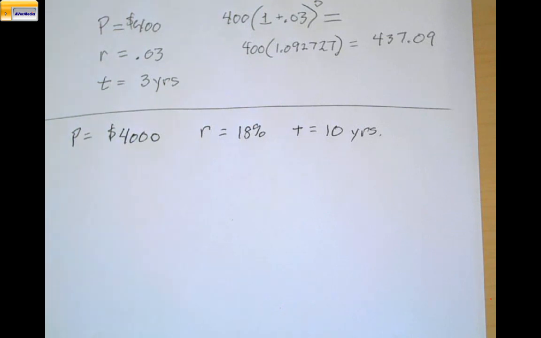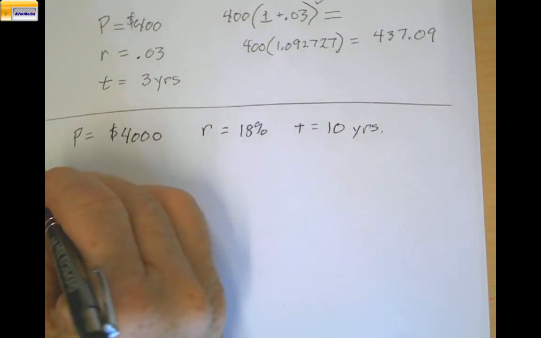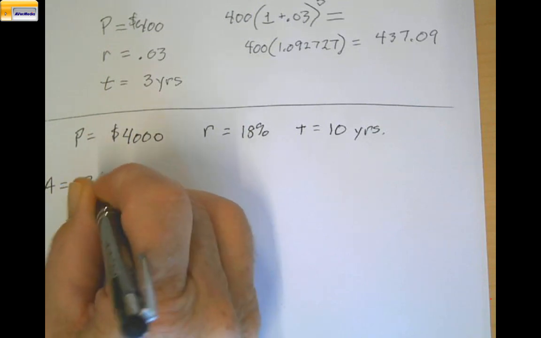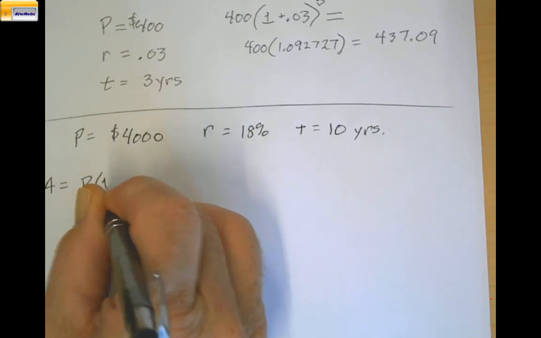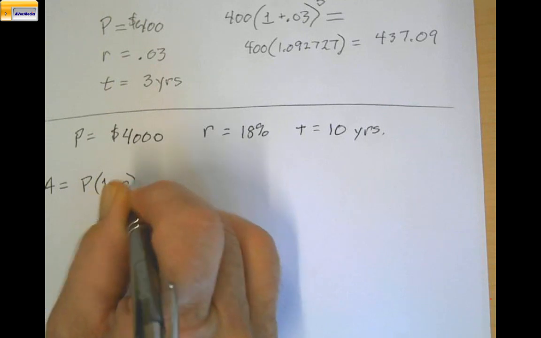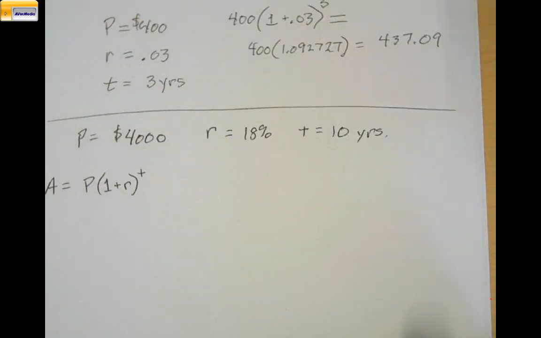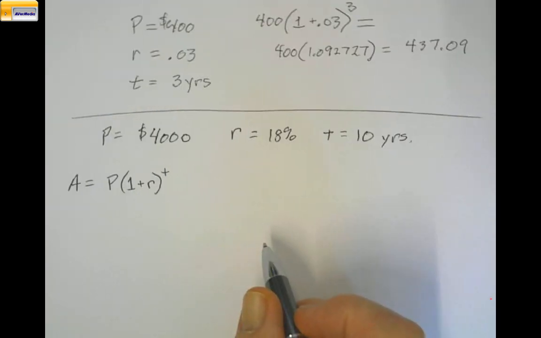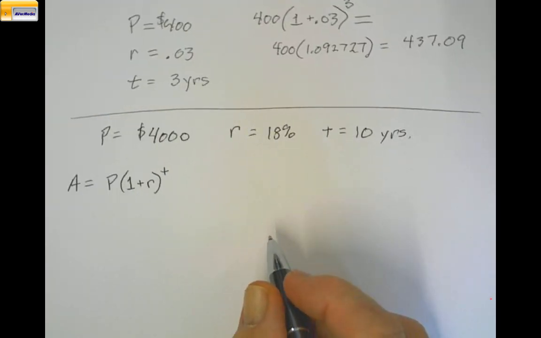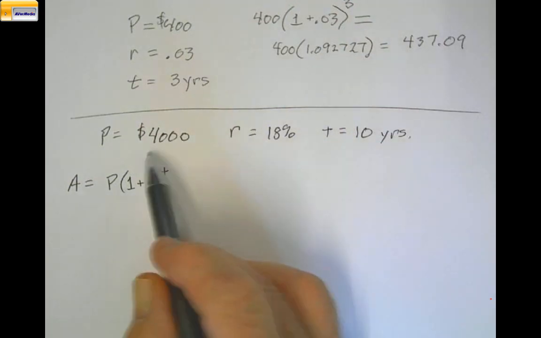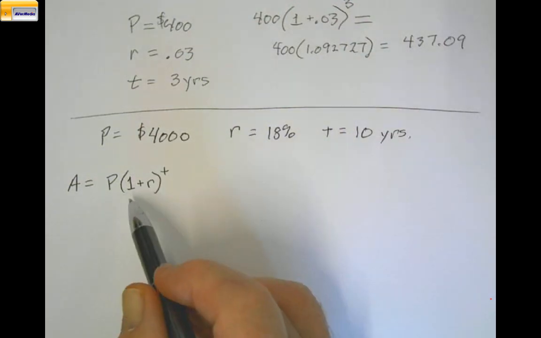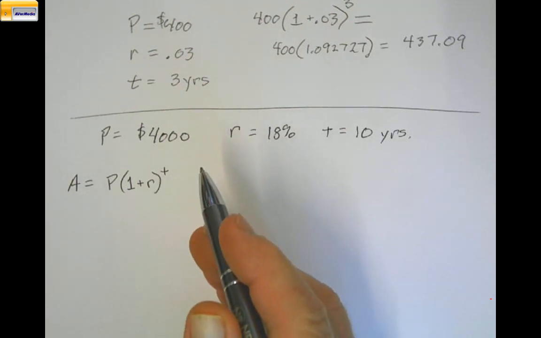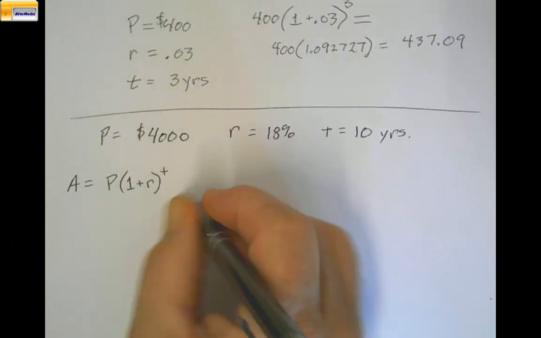All right. So remember, our formula is A equals P times the quantity 1 plus R, to the power T. Okay. So if I'm looking at this, then what I really want to do is just plug in this information, and you got to make sure that you have that calculator ready, right? So I'm going to plug in my info.